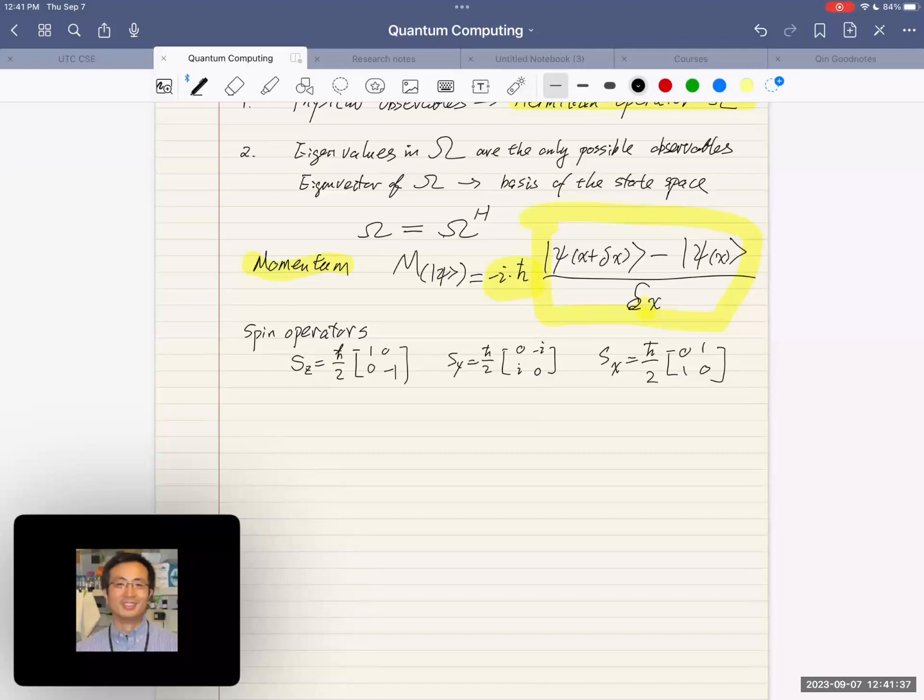So the expected value is defined as, let me write it down, applying omega on a state, is termed as, that's the expected value.